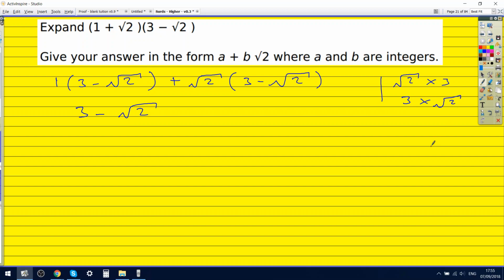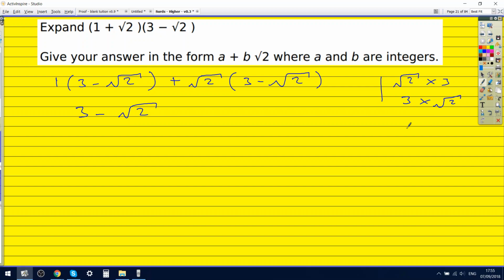What's the short way of writing that? I don't know. What's the short way of writing 3 times x? 3x.